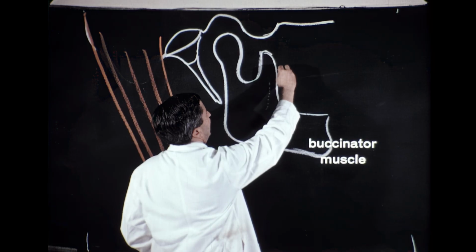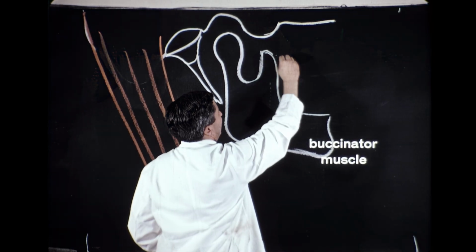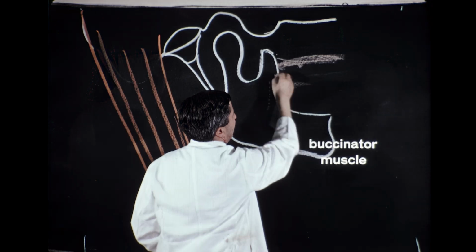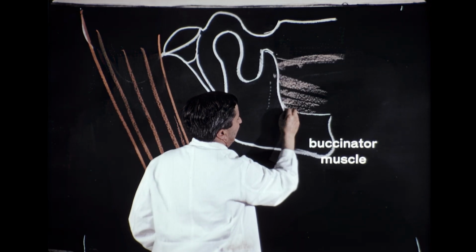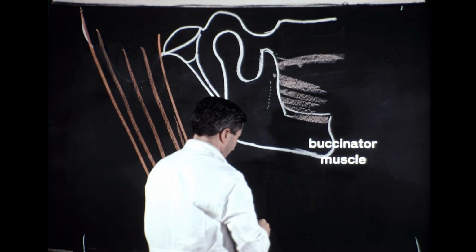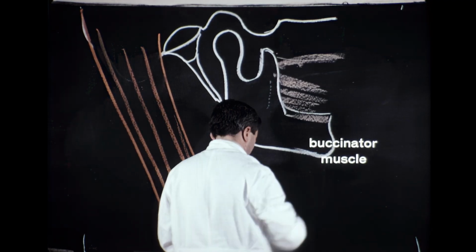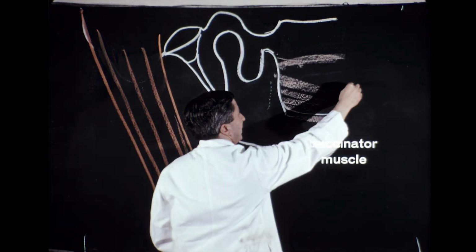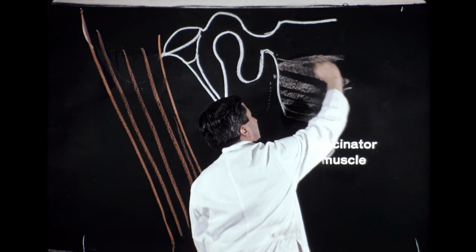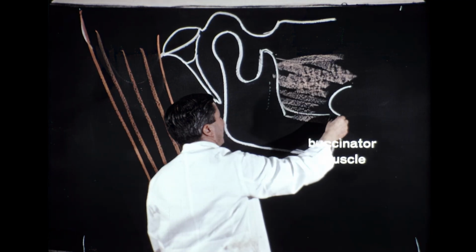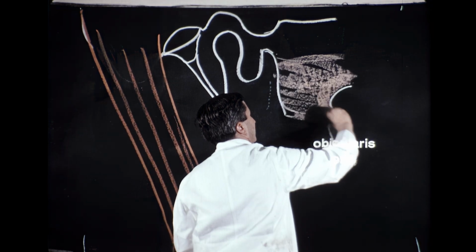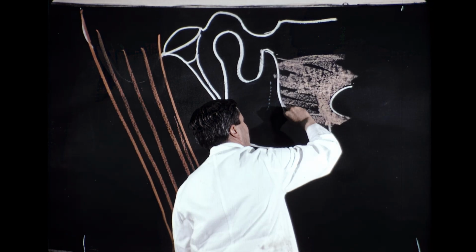Now the buccinator comes forward from the ligament, and the fibers extend forward in this way, and also from the alveolar margin of the mandible, until we get to the region of the mouth. And I'll just indicate the position of the lateral angle of the mouth here, and we can see how the fibers are coming into the mouth and becoming part interdigitating with the orbicularis oris muscle. So this is the buccinator muscle.